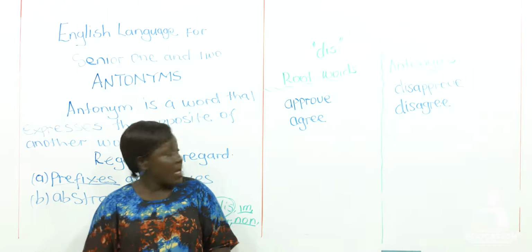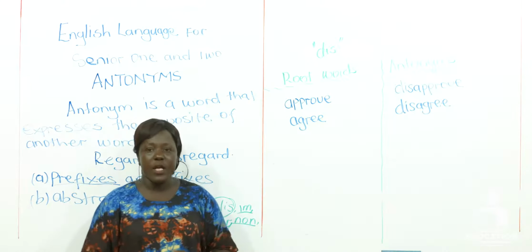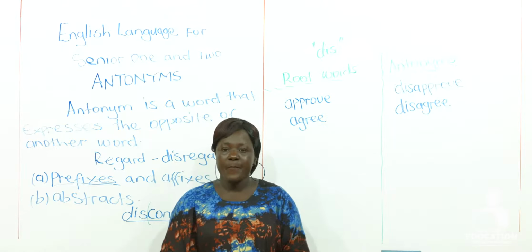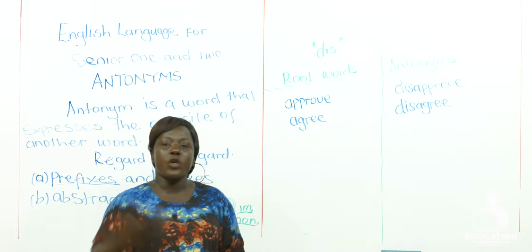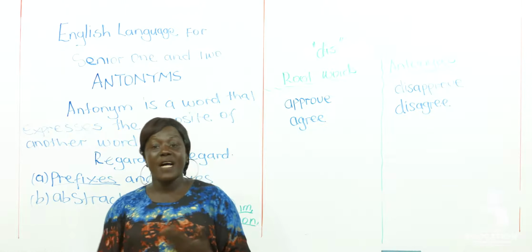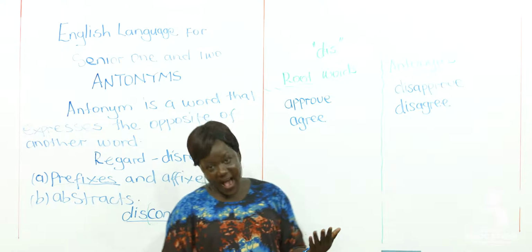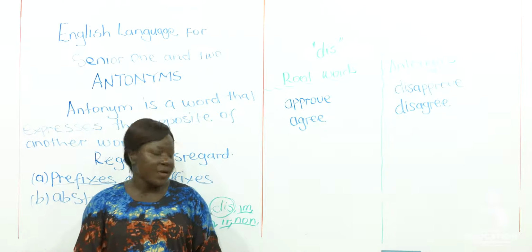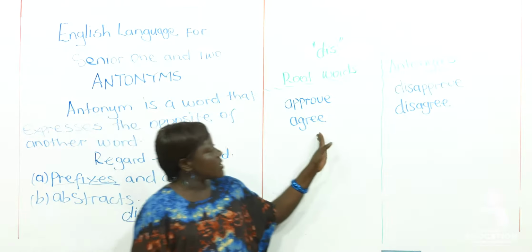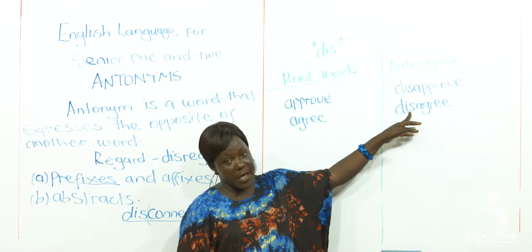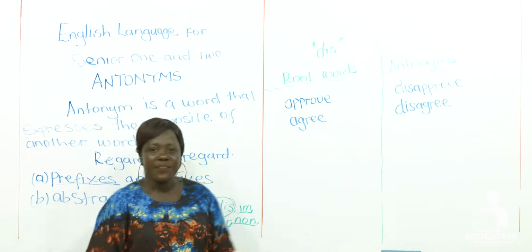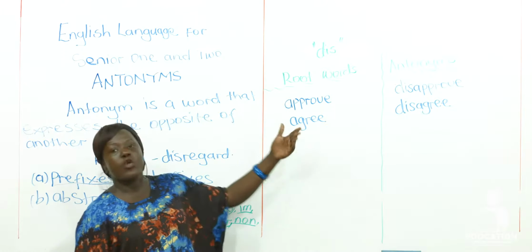Therefore, you would have formed the opposite of the word approve by using the prefix dis, which is disapprove. When you come here under agree, it means it is positive in nature. You say, I agree with you because you are saying the truth. But now if you want to put it in the opposite way, or an antonym, you will say, I disagree with you.